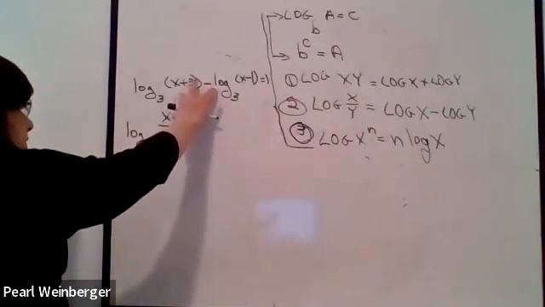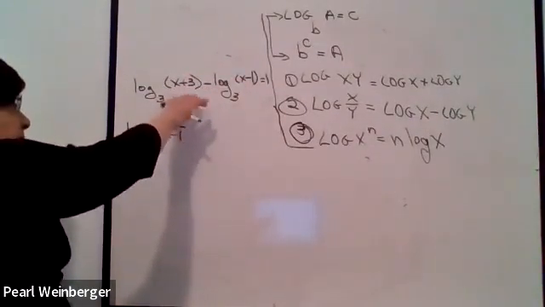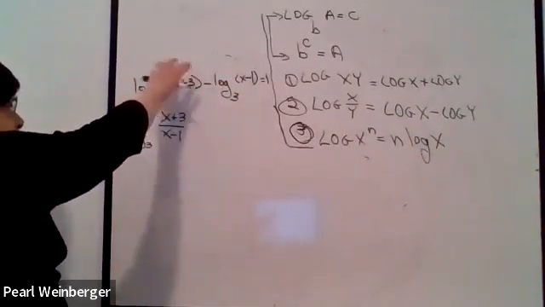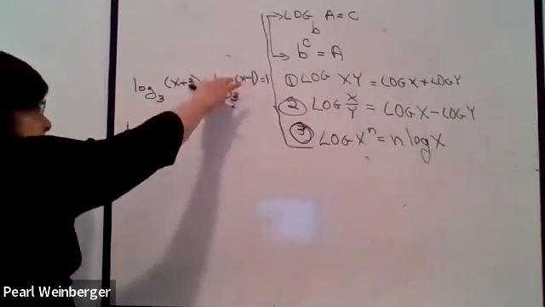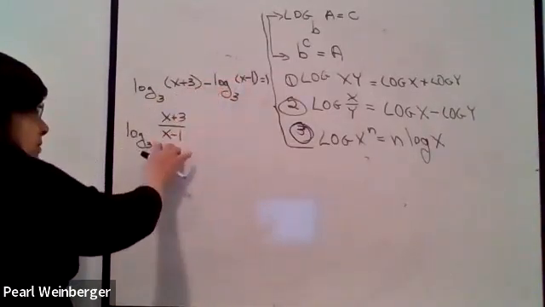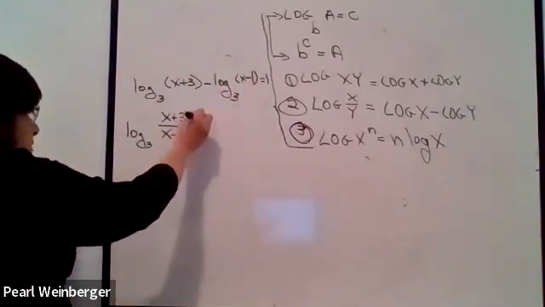The minus is telling us that you are dividing, and be careful, the ones that are positive go in the numerator, and the negative ones, the one that's being subtracted, goes in the denominator. And that's equal to 1.